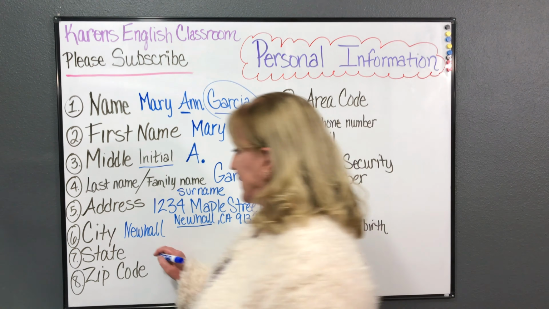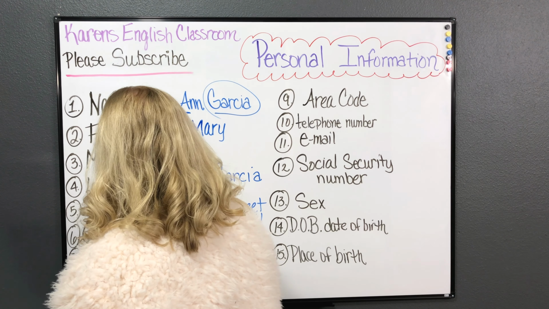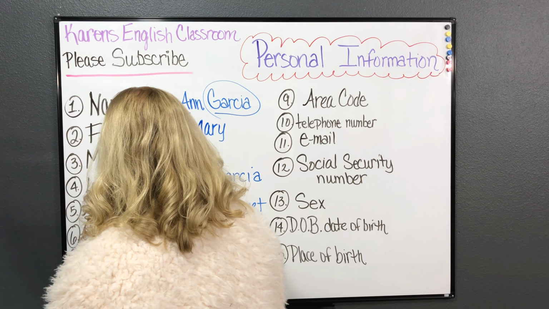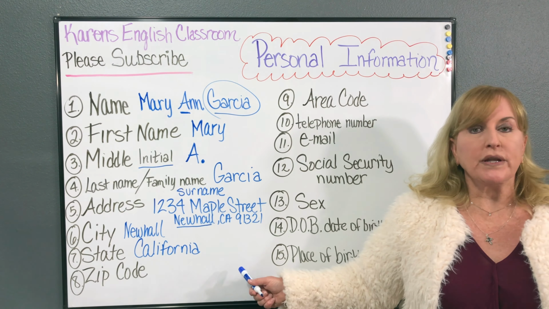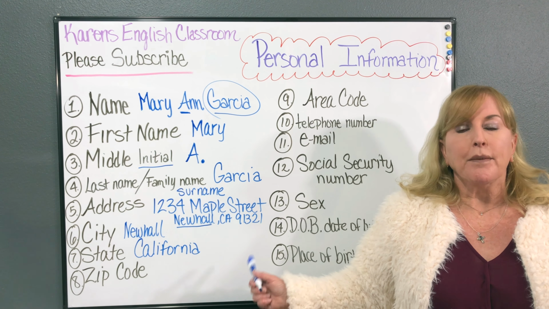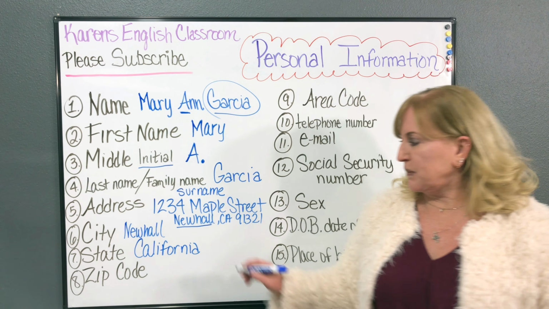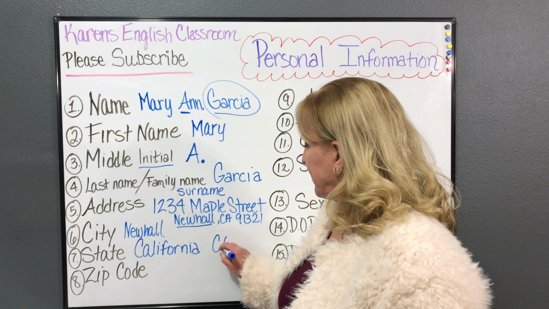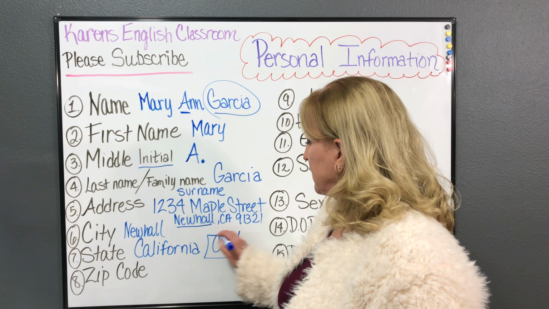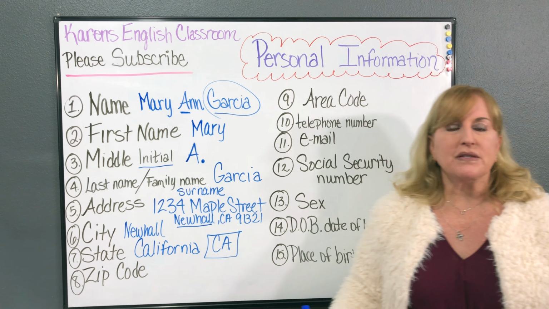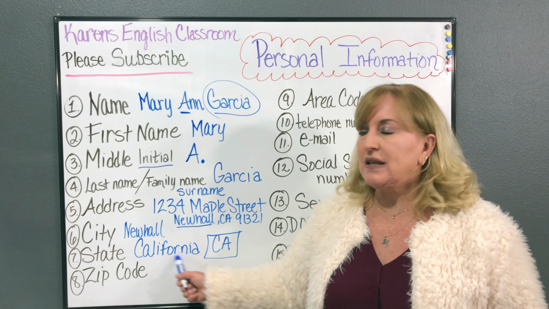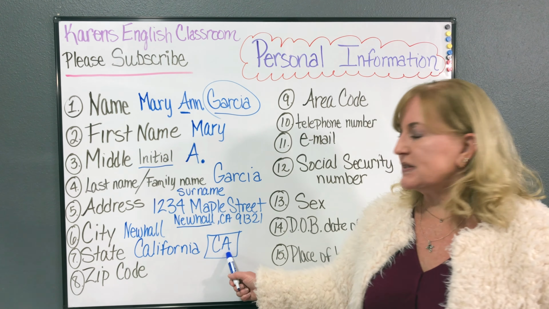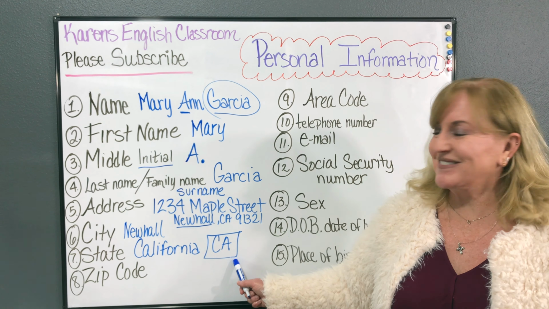Now I could write out California and that would be fine, but usually people just write CA. It's easy, it's an abbreviation, and it's fine. So state, California, CA is fine.